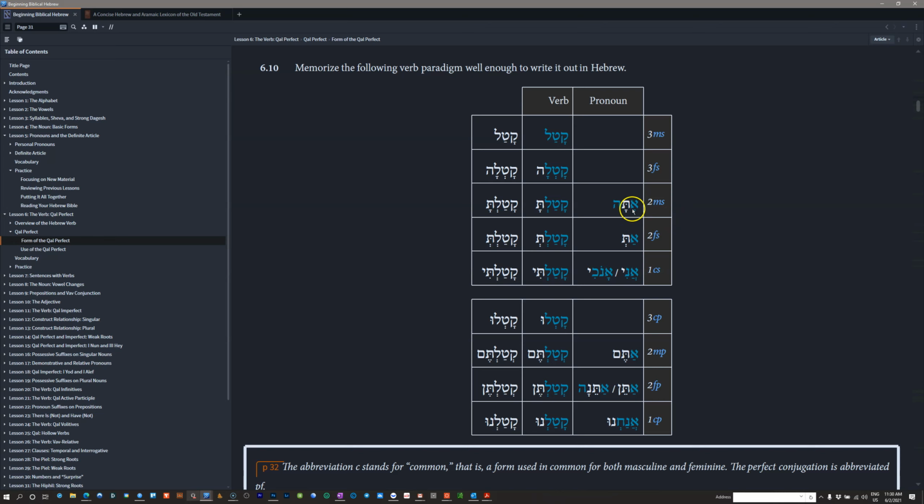He has highlighted the part of the pronoun that carries over to the verb. So again, the verb itself is Qal. Now when you add more vowels to a Hebrew word, sometimes the vowels are going to shift around to make more room, because Hebrew words really like to stay as few syllables as possible.